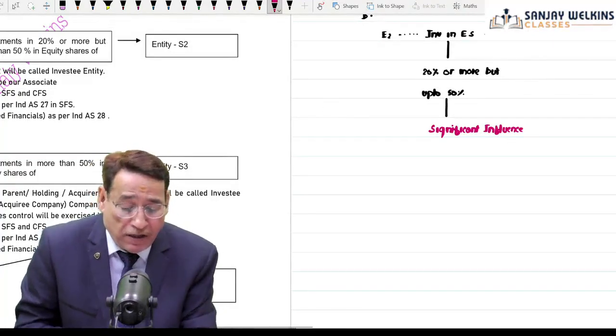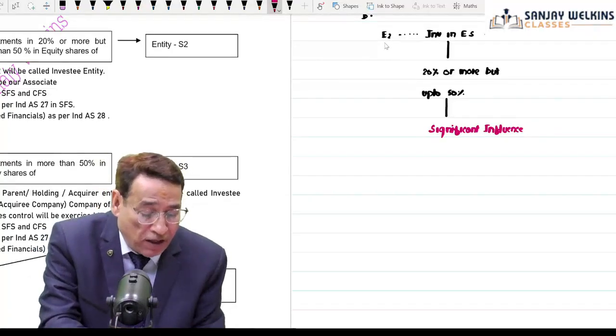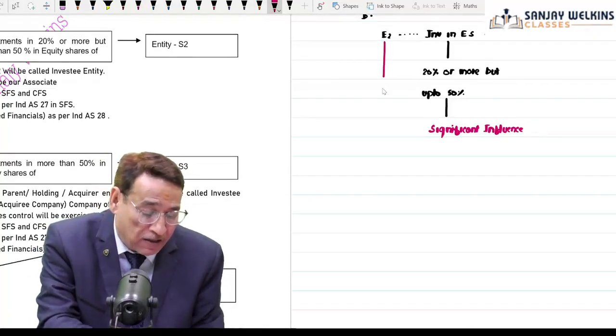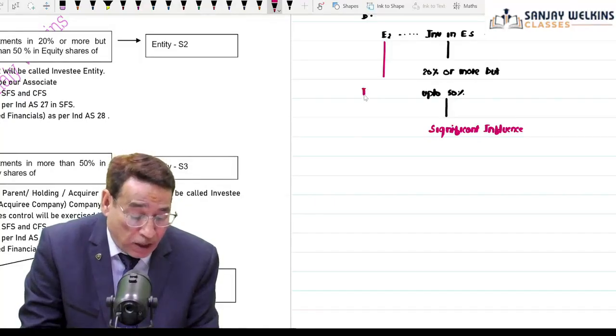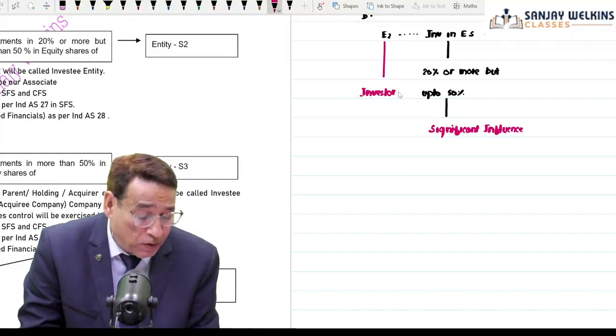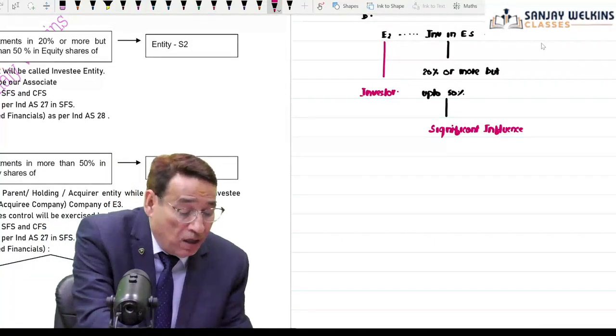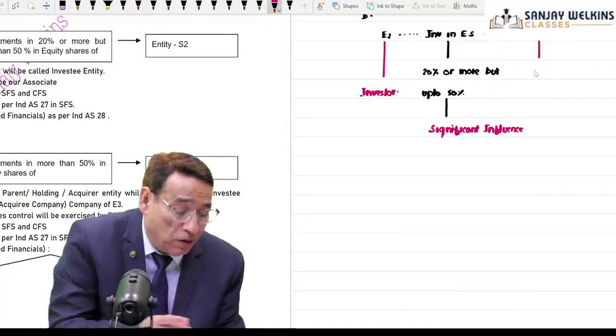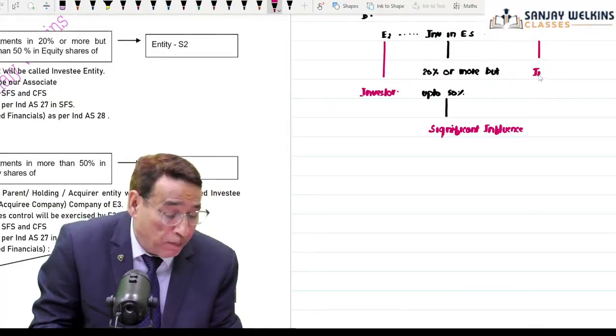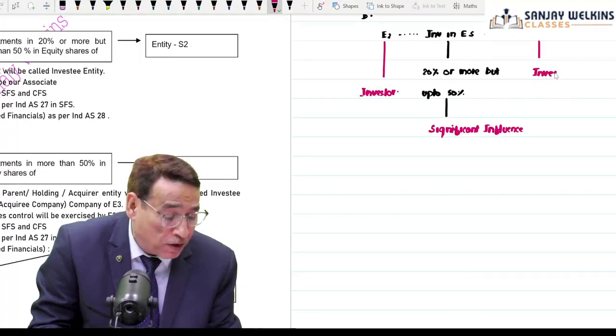Obviously, I need not tell you, in this particular case, the E2 entity will be considered as the investor entity because this entity has made the investment. So E2 is the investor entity. S2 is the investee entity. By now, you are well aware of investor and investee.